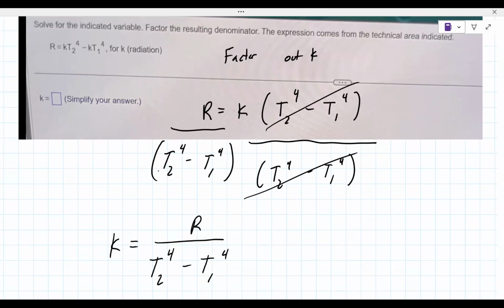It's easy to be slightly off and then you for sure get the wrong answer. K is R over that.